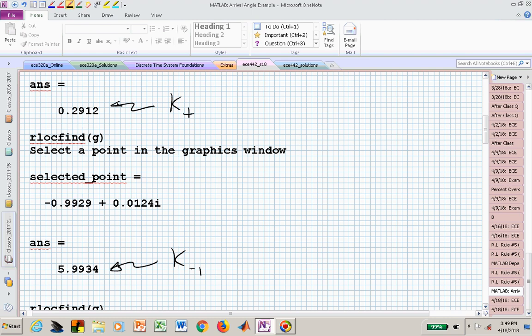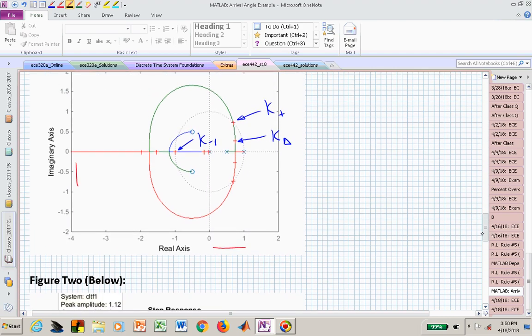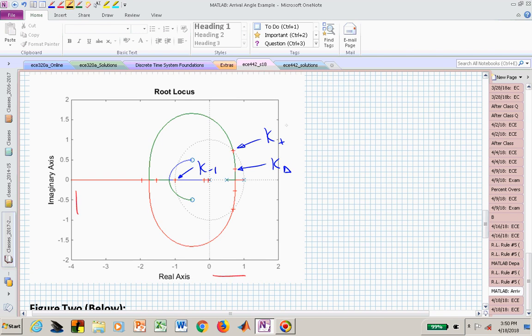I'm sorry, entered the unit circle at a gain of 0.29, exited the unit circle at a gain of 0.29, and this particular pole at the origin hadn't yet escaped out the unit circle at z equal to minus 1, because that gain is 5.9.